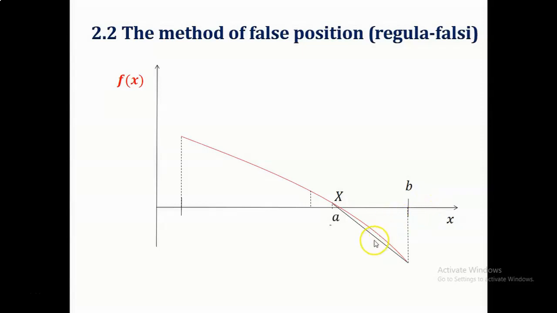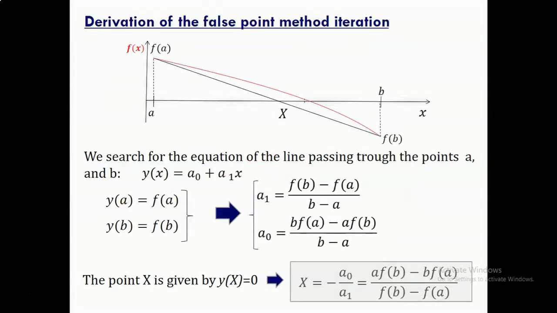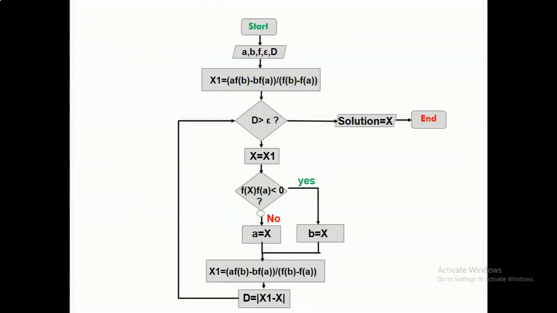Now, as you can see from the previous example, after a few iterations we reached a value for x that is close to the real solution, but the interval AB remains quite large. So as a criterion of convergence, we will choose the distance between the solution at step n plus 1 minus the solution at step n. It means the difference between the actual solution and the previous solution.